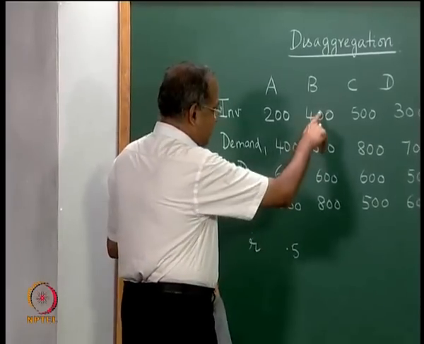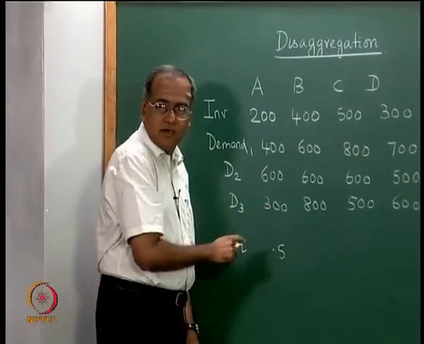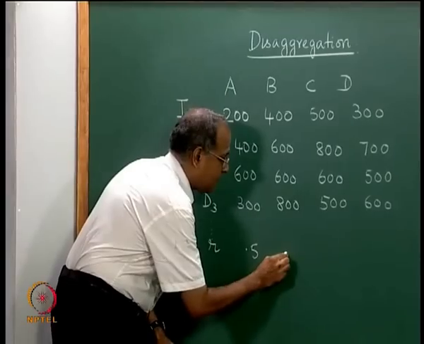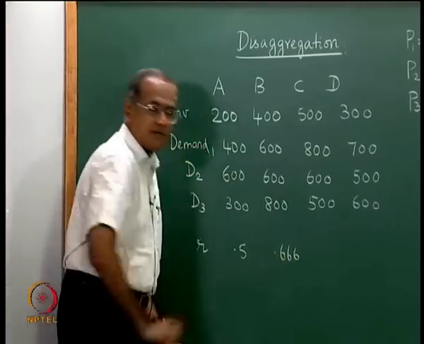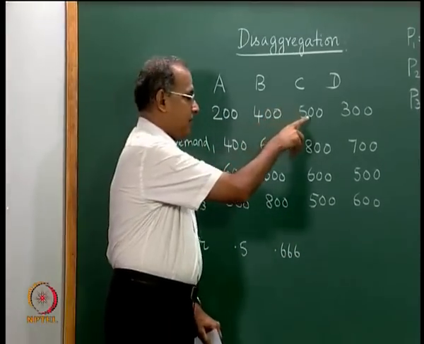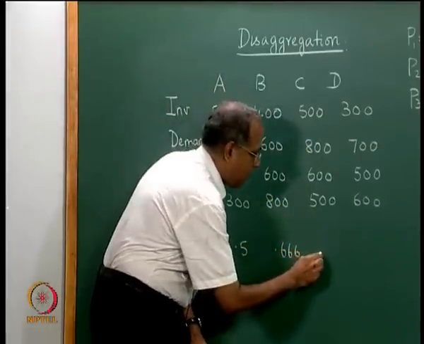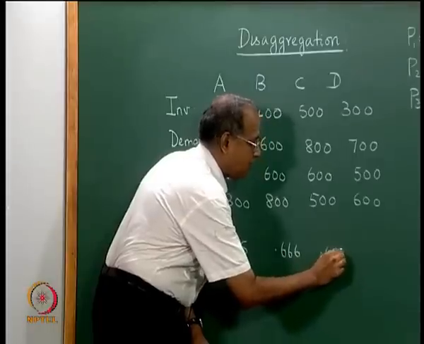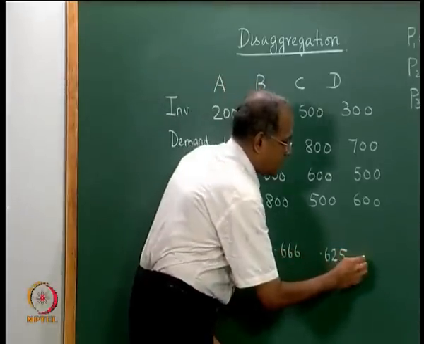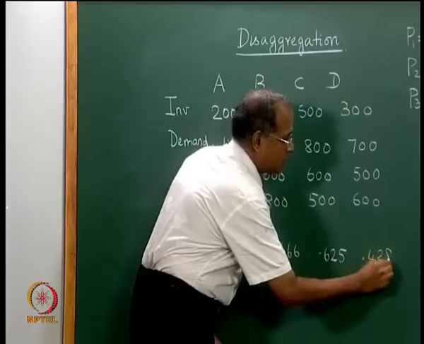Similarly, inventory is 400, demand is 600, so 4 by 6 is 2 by 3, which is 0.666. Inventory is 500, first month's demand is 800, so 5 by 8 is 0.625 and 3 by 7 is 0.428.